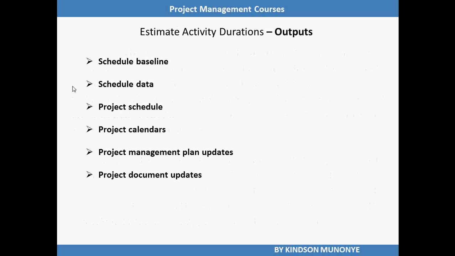Here are some outputs of the develop schedule process. We are talking about develop schedule, not estimate activity duration. So we are talking about outputs of develop schedule. One of them is schedule baseline.